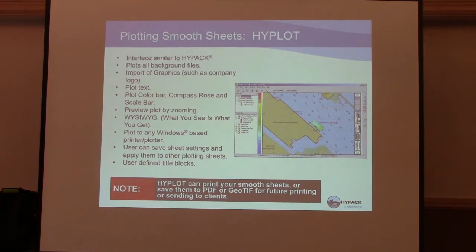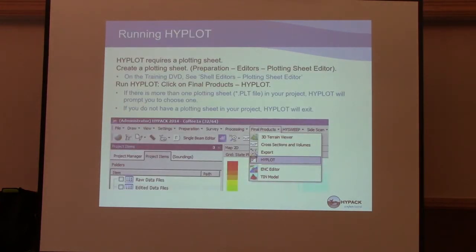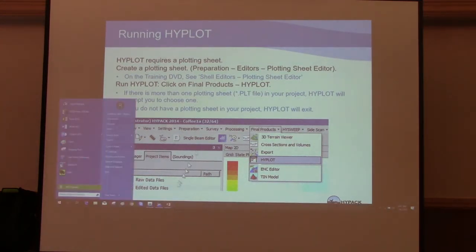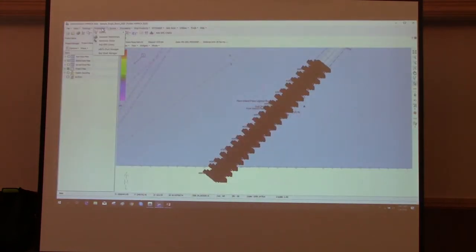We got everything there? Okay. One thing is that HYPACK requires a plotting sheet, and if you don't know how to do that, when you go into HYPACK, under Preparation Editors is the plotting sheet editor. When you click on that, you get this little dialog box. Just move it off to the side, and you see a rectangular shape on the screen.